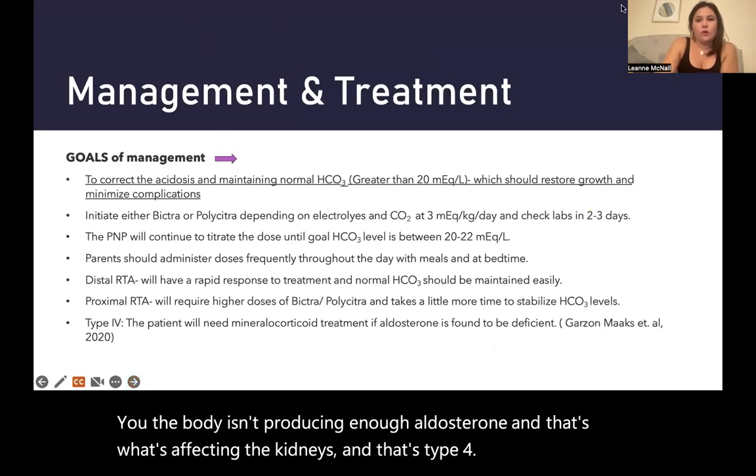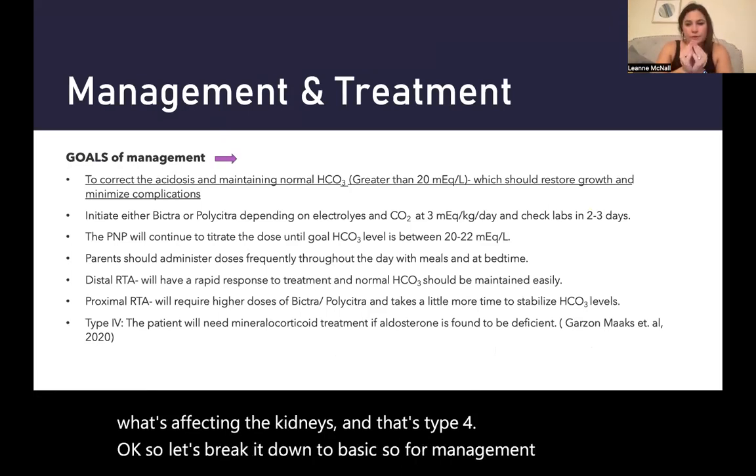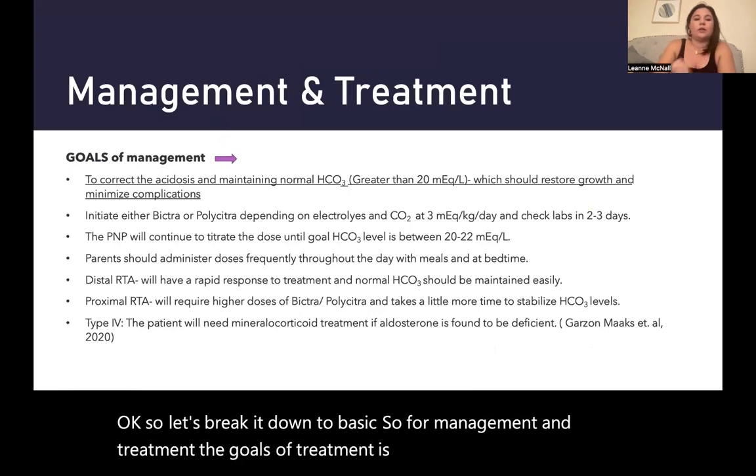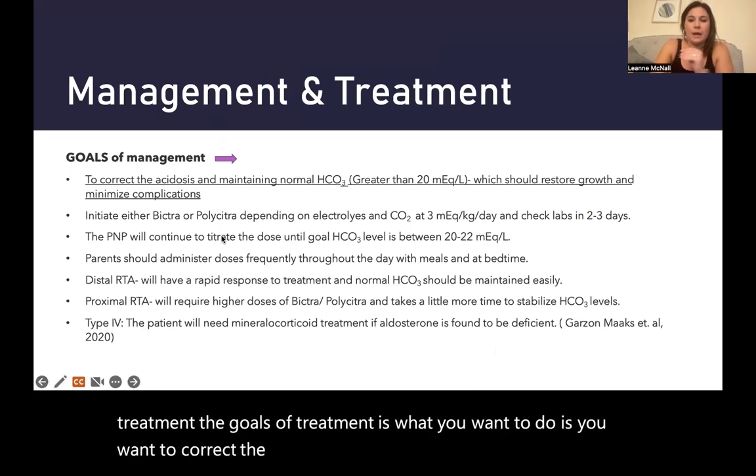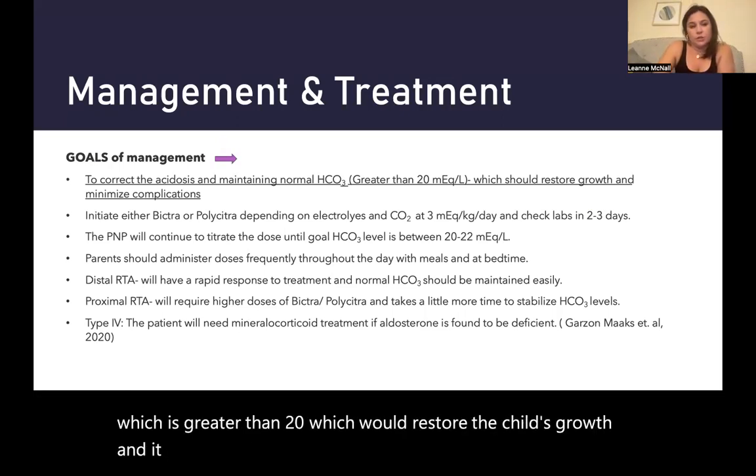Okay, so let's break it down to basics. For management and treatment, the goal is to correct the acidosis by maintaining normal bicarbonate, which is greater than 20, which would restore the child's growth and minimize complications.